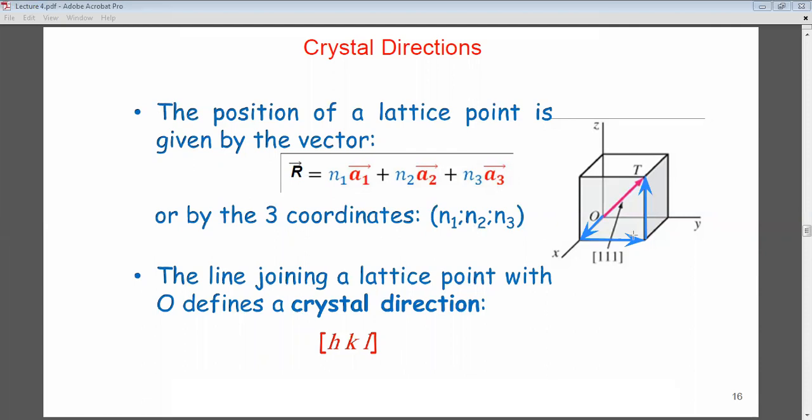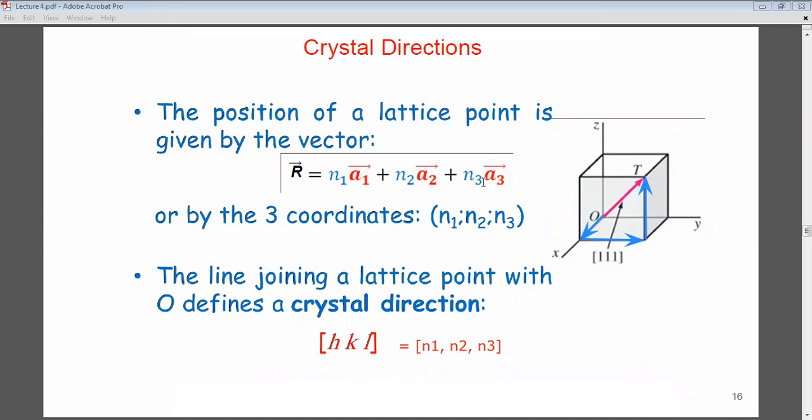Now, the line joining a lattice point with O is called a crystal direction. So this OT over here is called a crystal direction, and it has this thing over here, HKL, where HKL are N1, N2, and N3. Okay, this is the HKL. So this crystal direction over here is 1, 1, 1, because we want 1 along the x-axis.